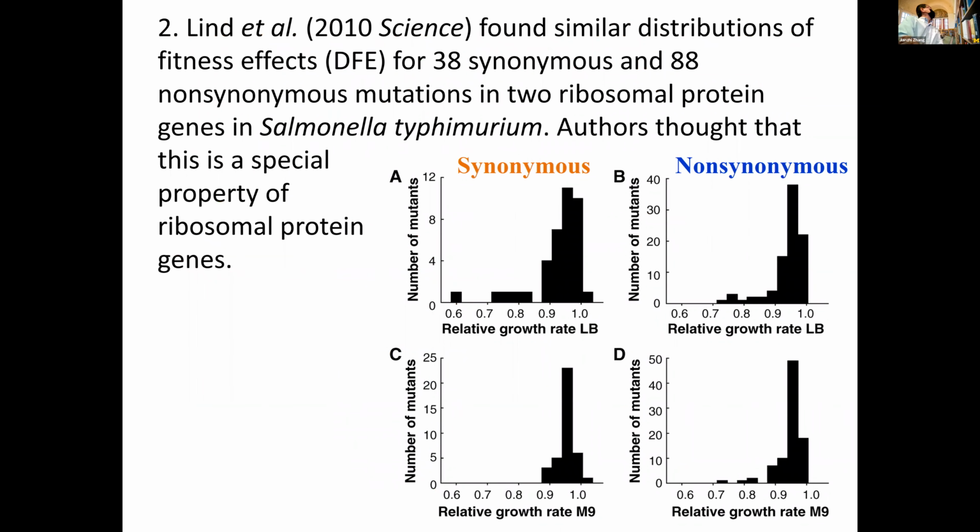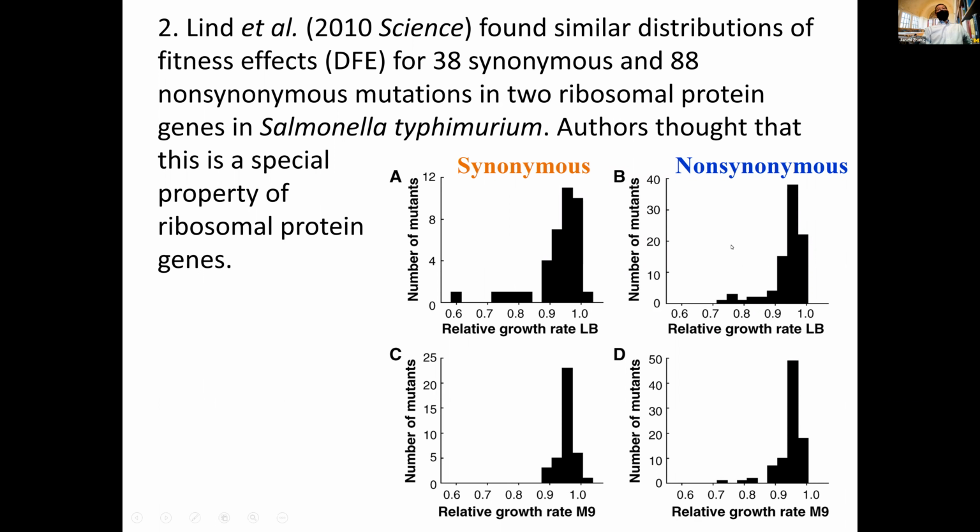This is an early paper by Lind et al. They systematically mutated two ribosomal protein genes in Salmonella. They made 38 synonymous mutations and 88 non-synonymous mutations individually, and then measured the growth rate of those mutants relative to the wild type.